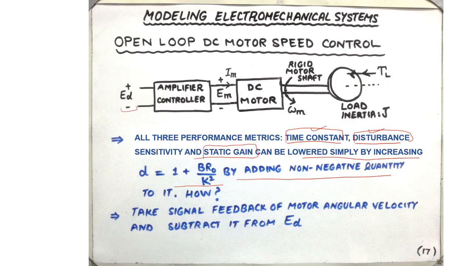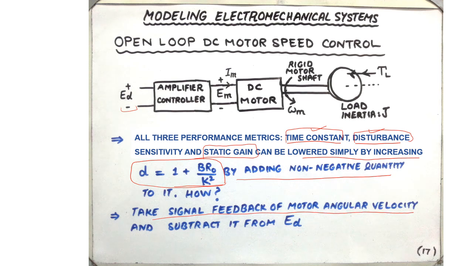So how can we add a non-negative quantity to the common denominator? So remember, this common denominator appears as just a common denominator in the expression of all 3 performance metrics. How can this be done? The solution is particularly simple: adding the feedback of motor angular velocity.